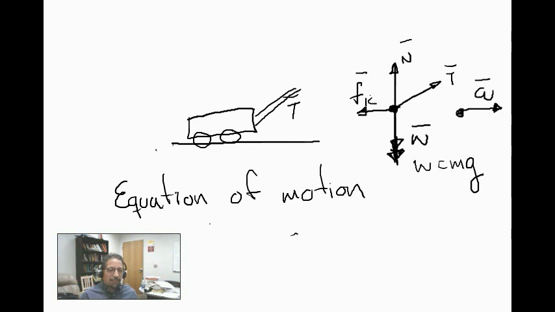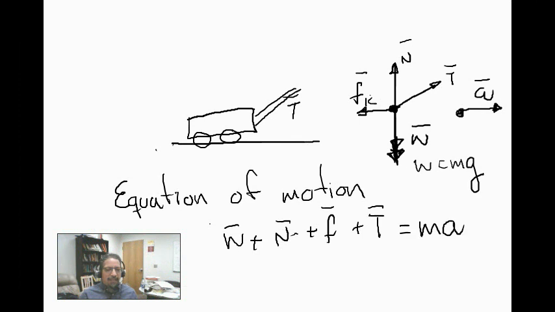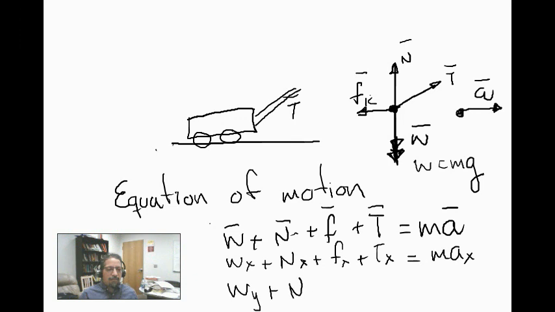We just add them up. So we have weight plus normal plus friction plus tension equals ma. That's it. And then we have the x and y components of these forces and of the acceleration. So we simply write Wx plus Nx plus fx plus Tx equals max, and Wy plus Ny plus fy plus Ty equals may.